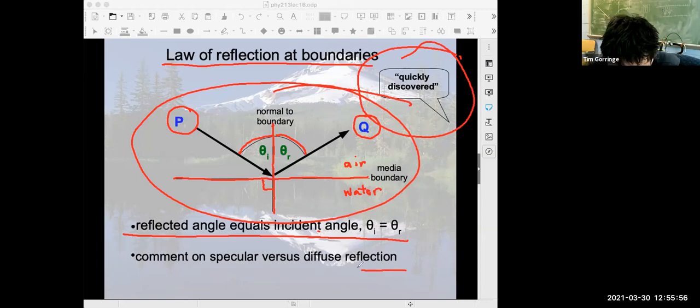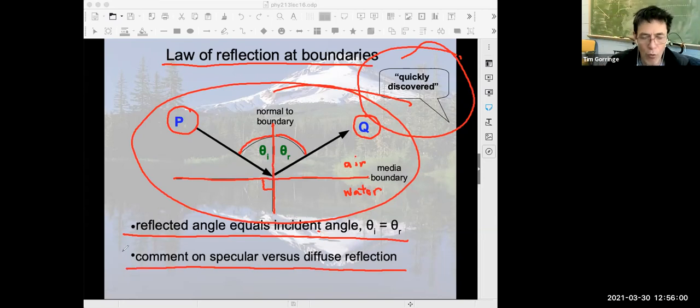Now, to be precise, this is the law for what we call specular reflection. It is not the law for what we call diffuse reflection.